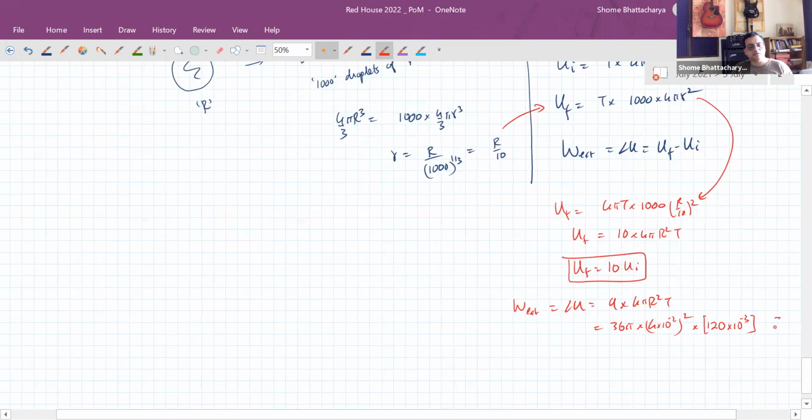So this will become our energy in joules, the work done in joules. 36 pi into 16 into 120 into 10 raised power minus 4 and minus 3, so minus 7. So whatever this comes out to be, this will be the work done in joules.